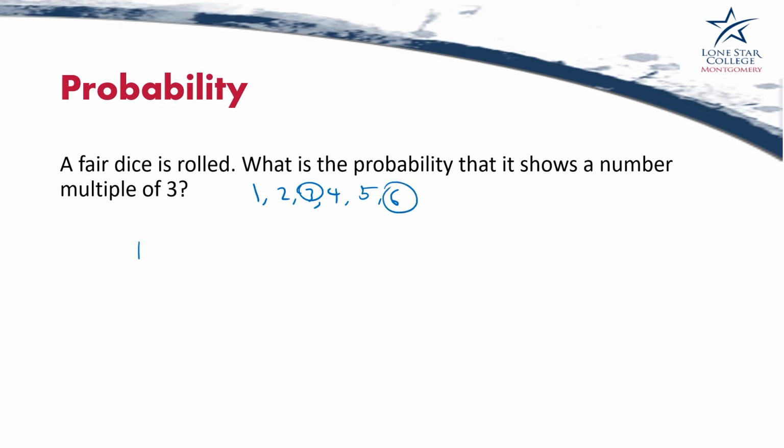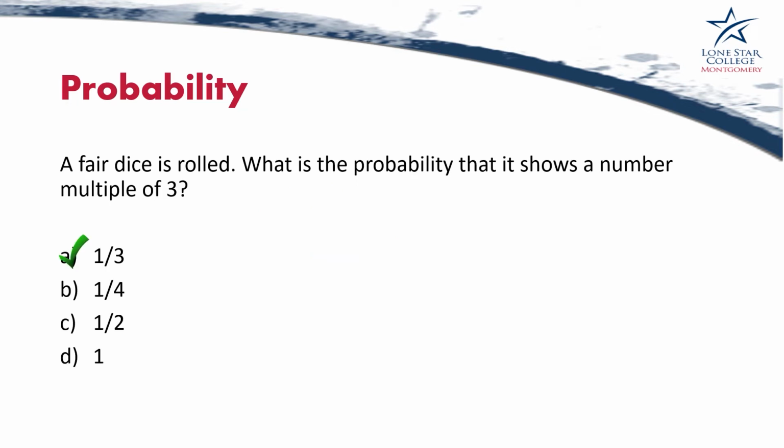So the probability of it being a multiple of 3 would be 2 total sides out of 6 total options. 2 out of 6, but because we always have to reduce our fraction, we can divide top and bottom by 2. We get 1 out of 3. So we have a 1 out of 3 chance of rolling a multiple of 3. It's choice A.